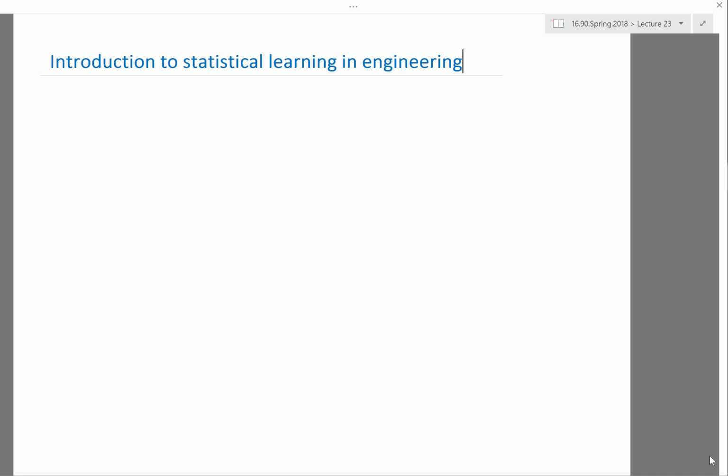So let's say I have an example. Can somebody think of a good example of situations like that in engineering? I have my x-axis being something I can control, my y-axis being the outcome of the control.